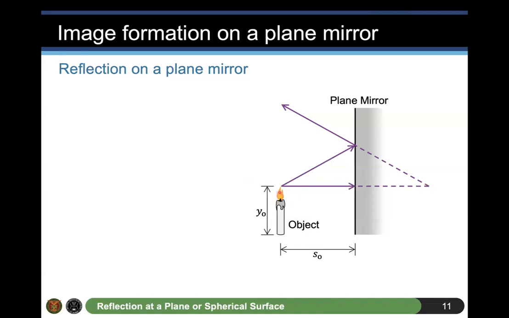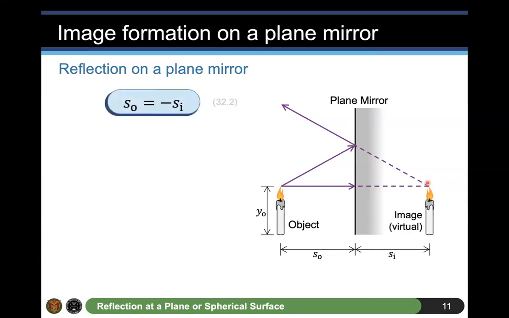When a ray strikes the mirror at an angle, we use the law of reflection. So you have the law of reflection, and this is the outgoing ray, and then we can extend the tail of that outgoing ray back to the backside of the mirror. Here, they have an intersection point. That is where the image will form. The image forms on the other side of the outgoing plane.